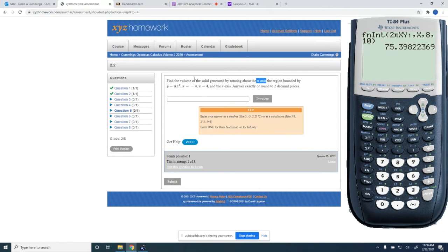So if we look back at our conditions, we're rotating about the x-axis, our equation is expressed in terms of x, and we're given the limits on x.